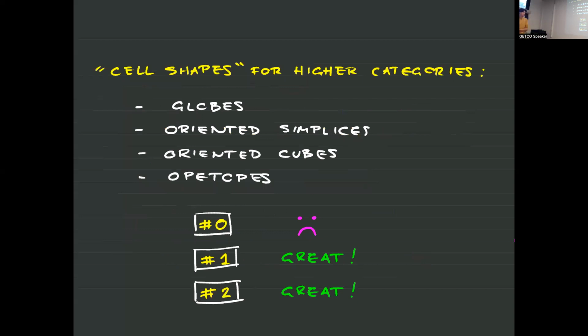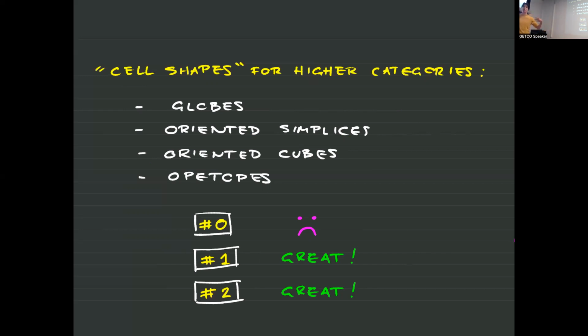So an alternative is to start by thinking of some model of higher categories which fixes number 2. And something that we could look at is all these models of higher categories based on various cell shapes. There's globes, simplices, cubes, opetopes. When you do that, by the approach we're taking, we fix the problem with number 2.